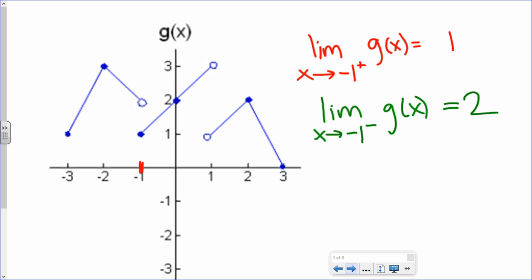From the left side, we are approaching 2. What could we say about the limit as x approaches negative 1? It doesn't exist because our right and left hand limits are different. The limit as x approaches just negative 1 is not going to exist.